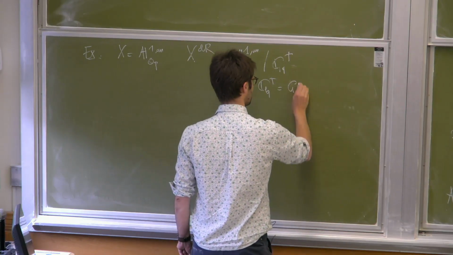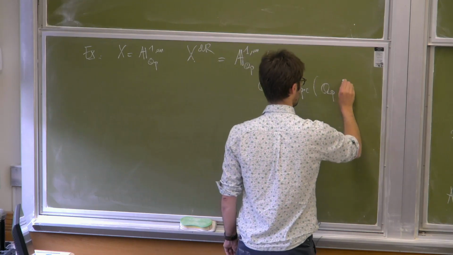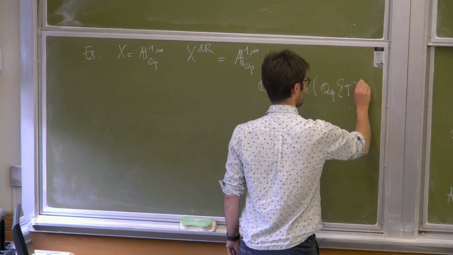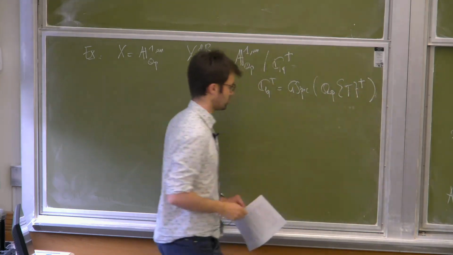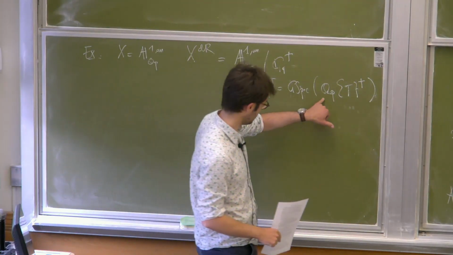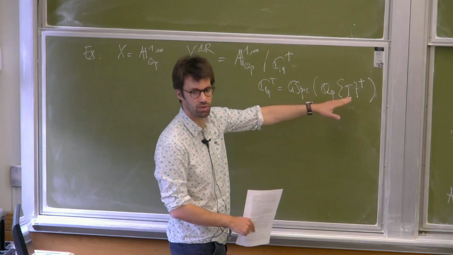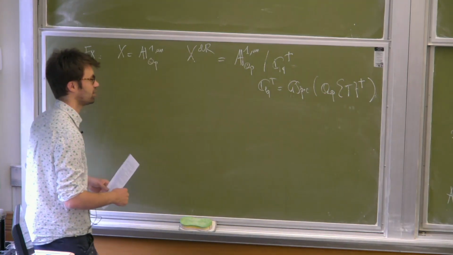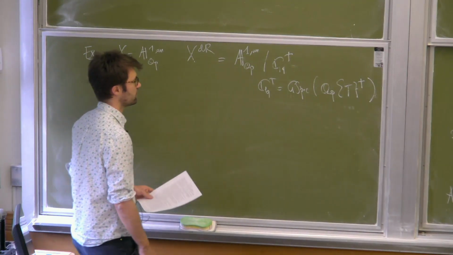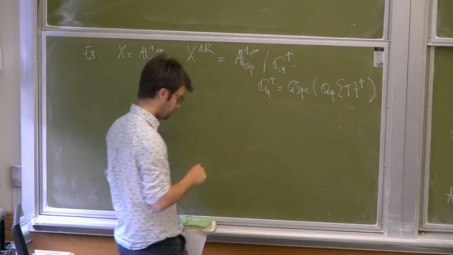So it's the Spec of the algebra of germs of analytic functions around 0 that I introduced before. I wrote it over C_p, but you can of course also define it over Q_p. So it's just a quotient for the natural action of this by translation.